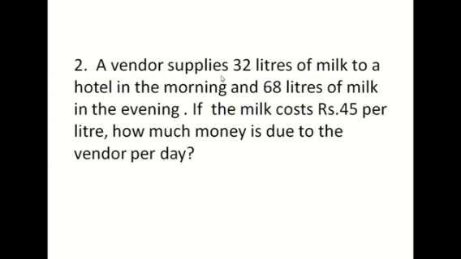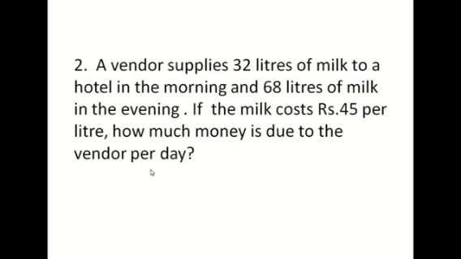A vendor supplies 32 liters of milk to a hotel in the morning and 68 liters of milk in the evening. Okay. And the cost of 1 liter of milk is given as rupees 45. How much money is due to the vendor per day? Means how much money the hotel needs to pay to the vendor for one day.